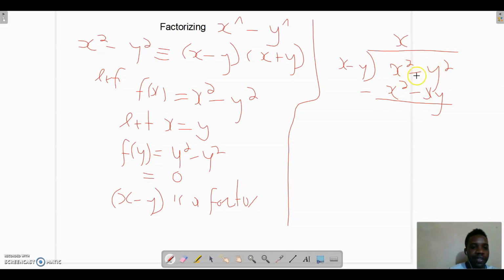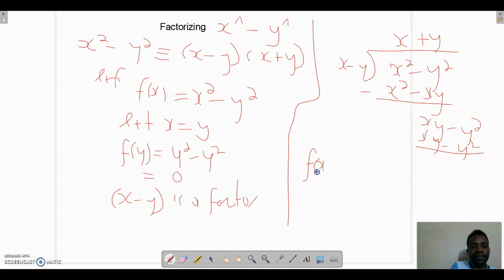So it would be 0xy minus negative xy, which would give me a positive xy. Then we carry down the minus y squared. So we have x into xy, x would cancel with x, leaving me with a positive y. So we have y times all of this, which would be xy minus y squared. Now when I subtract here, notice that my remainder is 0.